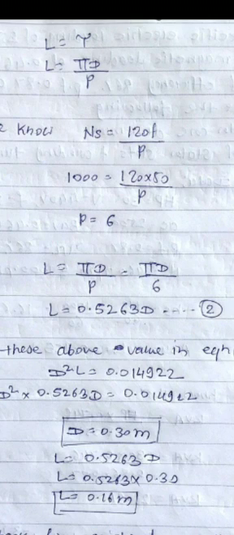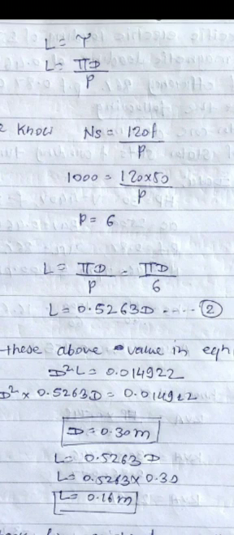Calculating that, the value of d is 0.30 meter. Put the d value in equation number 2 to get the value of L.